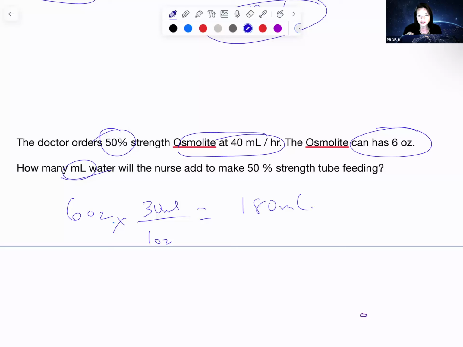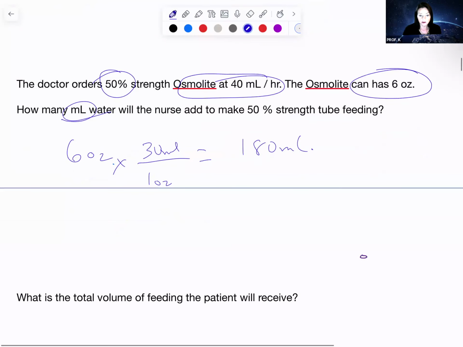But what if I asked you what the total volume is that the patient received? Stephanie knows. Charlotte knows too. Yes, good, you guys. This is how simple it is. You started with 6 ounces of formula.